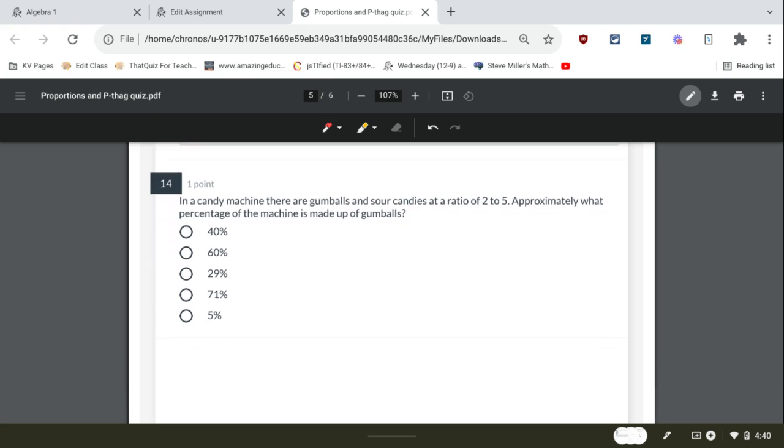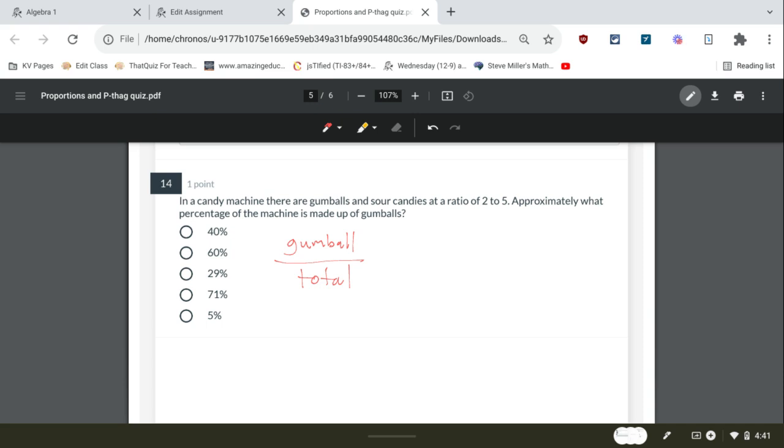A candy machine has gumballs and sour candies at a ratio of 2 to 5. What's the percentage of the machine that's made up of gumballs? For the percentage, you want to compare the number of gumballs to the total. That's how you figure out the percentage.